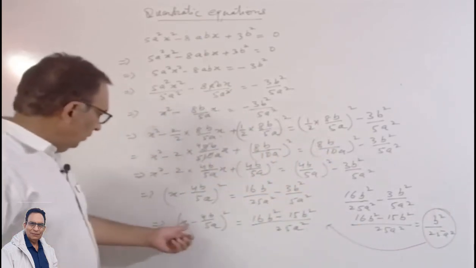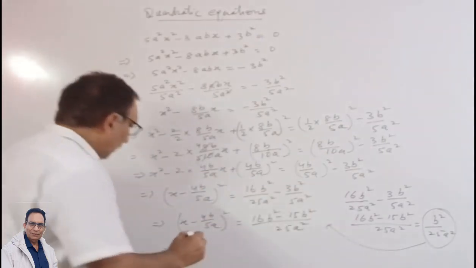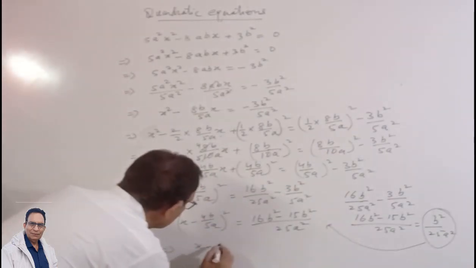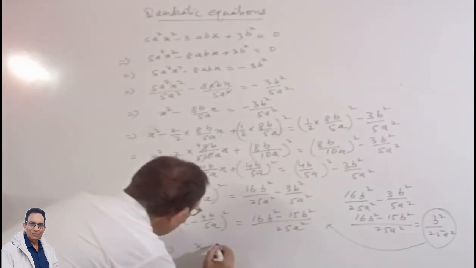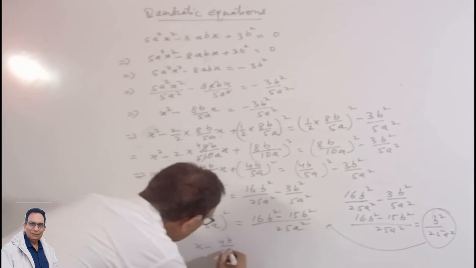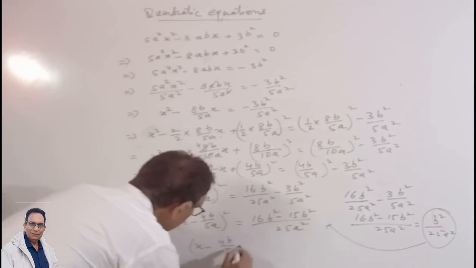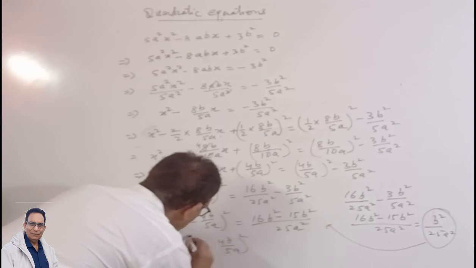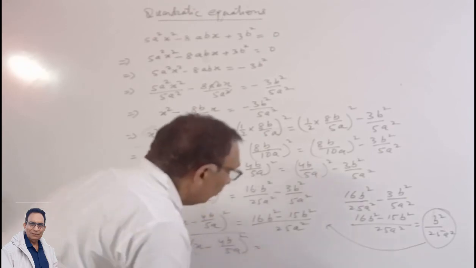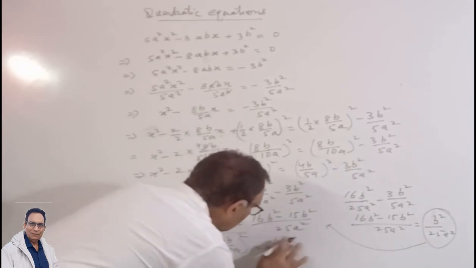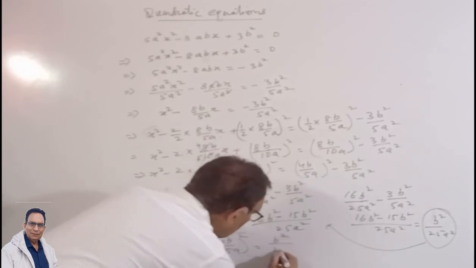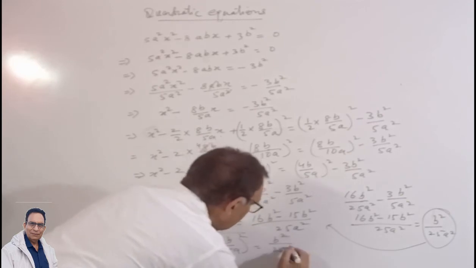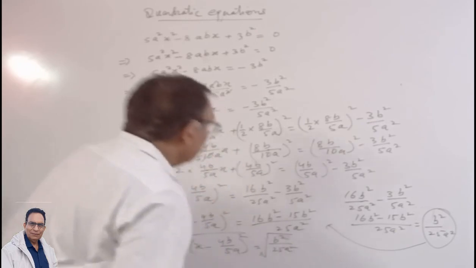So what you do, square both the sides, you are having what? Take the radical both the sides, x minus 4b over 5a square under the radical, and this becomes b square over 25a square under radical.